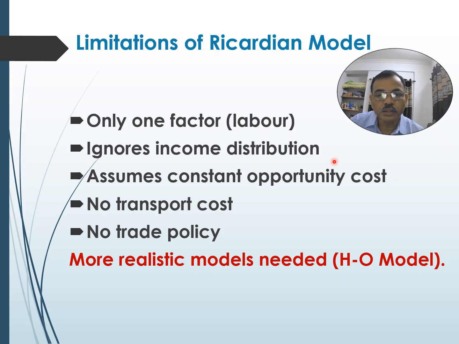It ignores income distribution effects. It assumes constant opportunity cost. It ignores transport cost and trade policy. For a more realistic explanation, we need the Heckscher-Ohlin model.